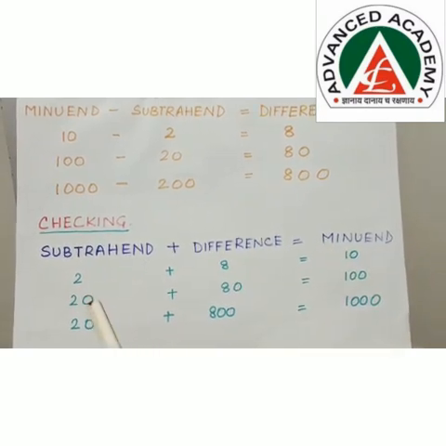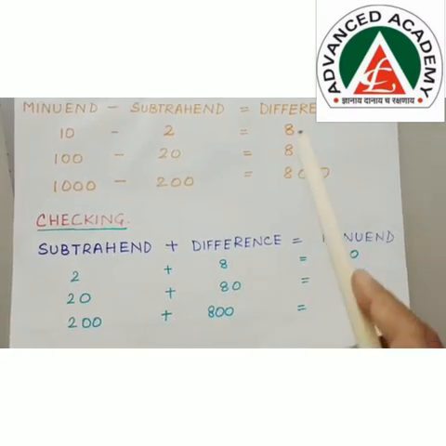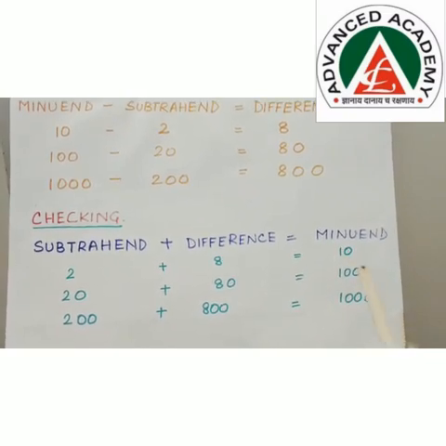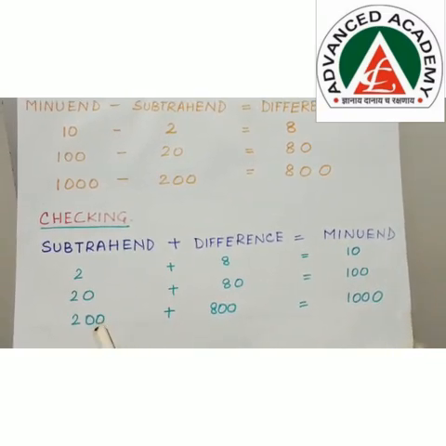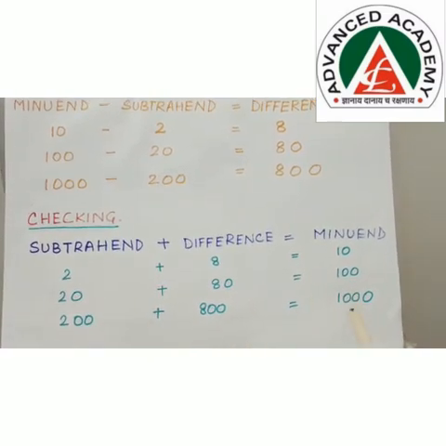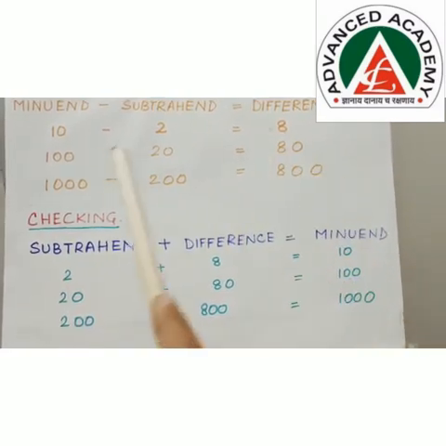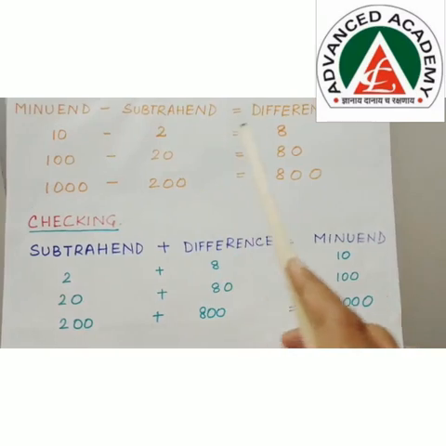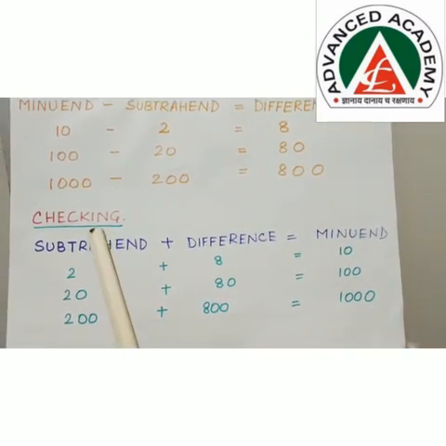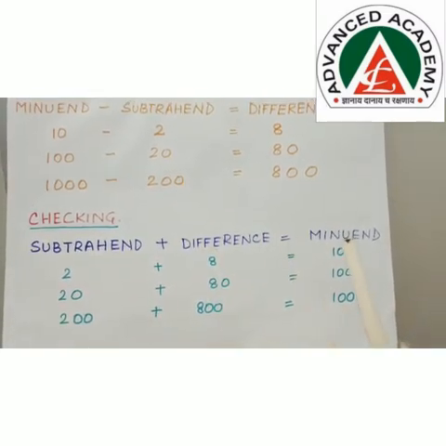Again 20, which is our subtrahend, plus 80, which is the difference. And what do we get? 100. Again 200 plus 800, what do we get? 1000. So, if we have to check whether our subtraction is done correctly, how do we do it? Subtrahend plus difference is equal to minuend.